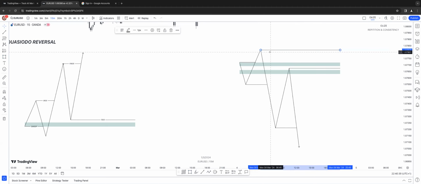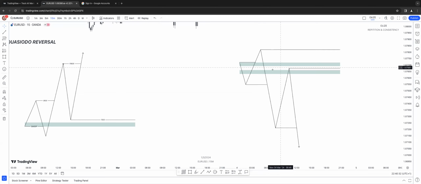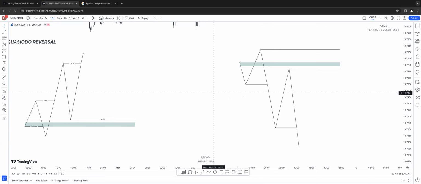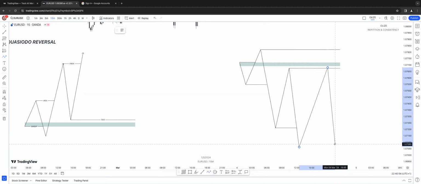And when selecting an entry model for your POI, point of interest, the closest POI to your liquidity is always your most valid POI, because most of the time price might just seek to take out liquidity before giving a reversal at the trading range.